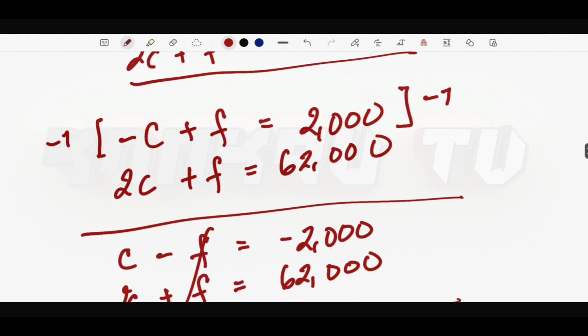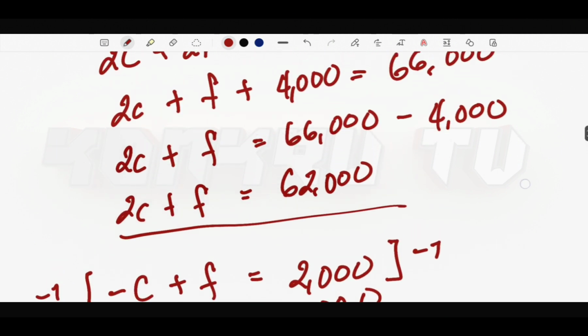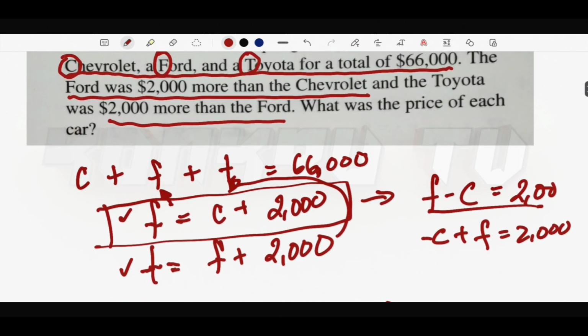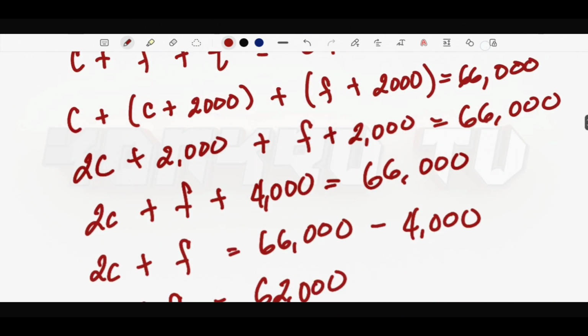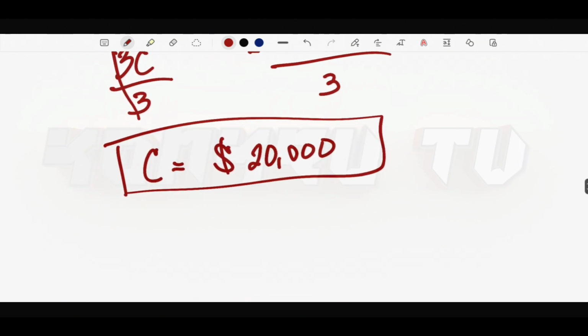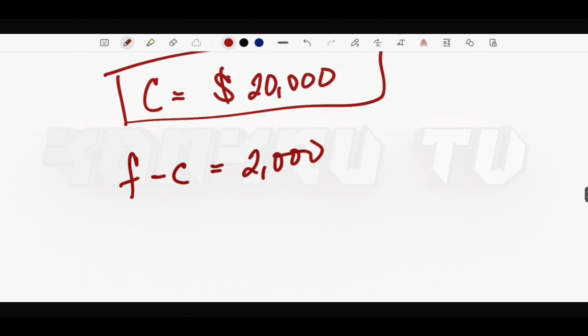Okay, so balik tayo dun sa equation. Ayan. Since meron tayong F and C, pwede natin siyang gamitin para makuha yung Ford. F minus C is equal to 2,000. Okay.